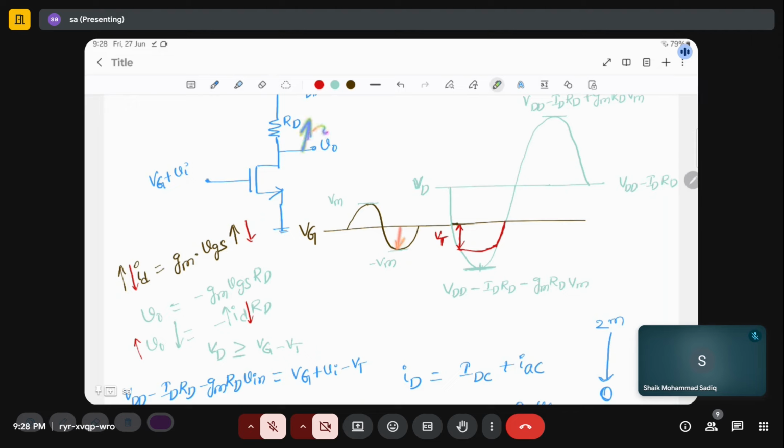When the output voltage is going up, your current becomes zero at some point, which is nothing but the cutoff region. Here also at the output you will have some limitation due to ID, which will cut your output voltage. And in cutoff also you will not have any gain.